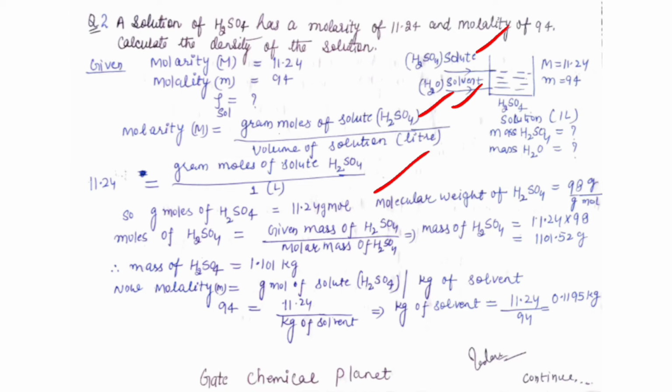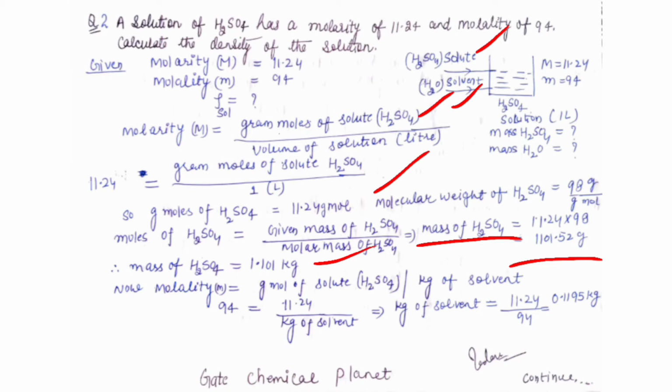Now we can calculate the mass of H2SO4, and the mass of H2SO4 will be equal to 1101.52 grams. Now we have the mass of H2SO4 in kilograms also, which is 1.101 kilogram. In this way we have calculated the mass of solute, which is the mass of H2SO4 in kilograms.